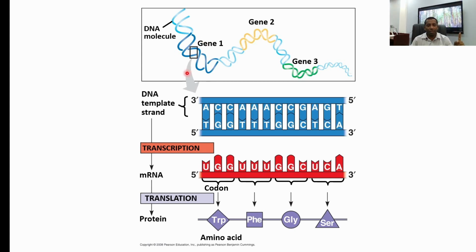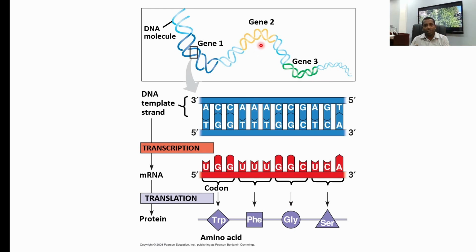If you take gene 1, in this case only this top strand is involved in the synthesis of the protein. That doesn't mean only the top strand in a given DNA molecule contributes to protein synthesis.